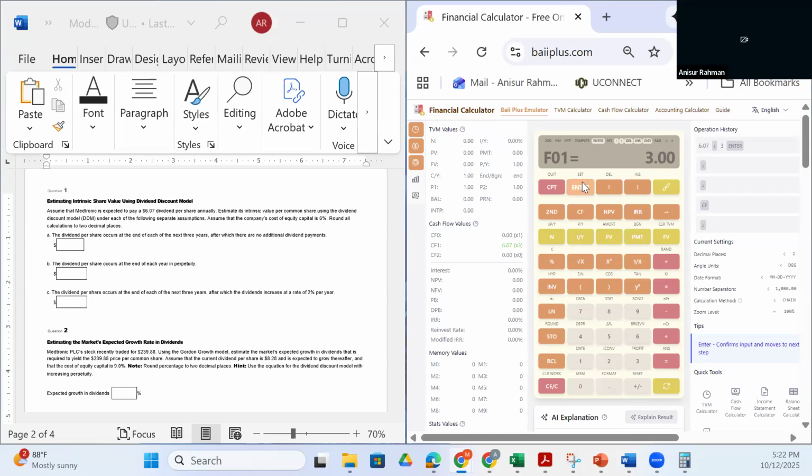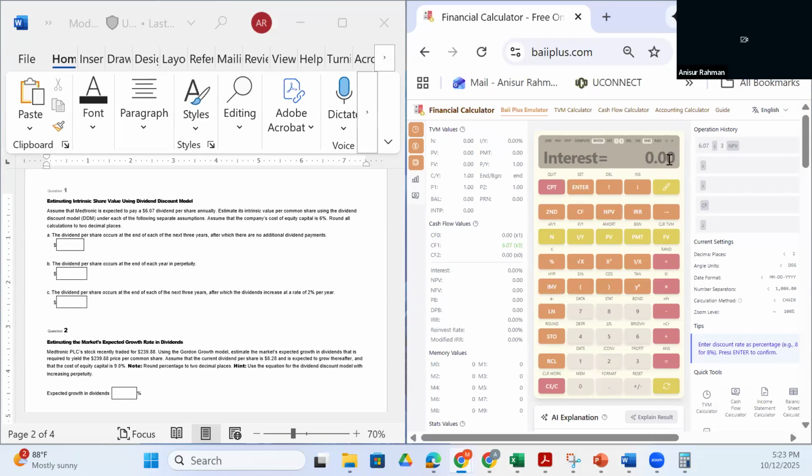Now we press this down arrow to check there is no other cash flow. There is none, so it circles back to our initial CF0. So we have C01 6.07, occurring 3 times, so F01 is equal to 3. Now we press NPV, net present value.